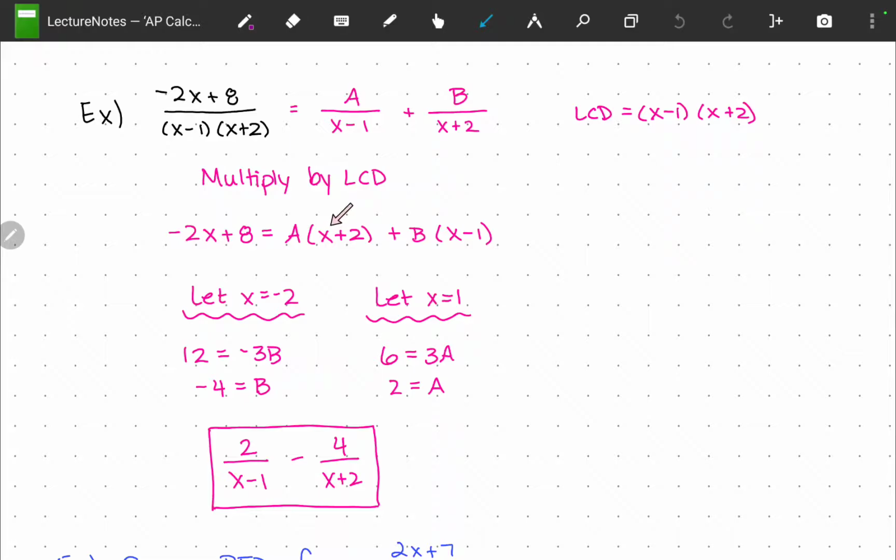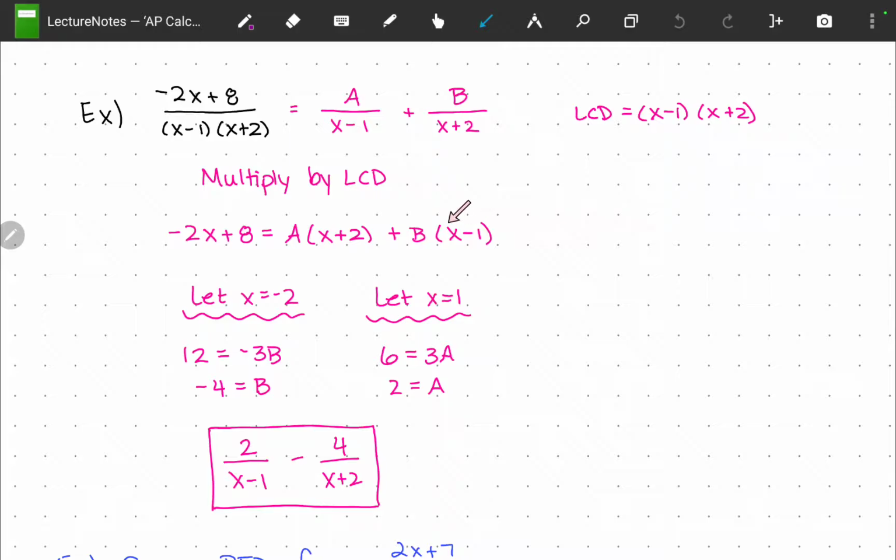So negative 2 makes this equal 0. Let's let x equal that. So we'll put negative 2 in here for this x. This becomes 12. Negative 2 into this x makes this whole term turn into 0, which is why we don't have it. And then negative 2 minus 1 makes negative 3b. And once we know this, that means b is negative 4. So we found this numerator.